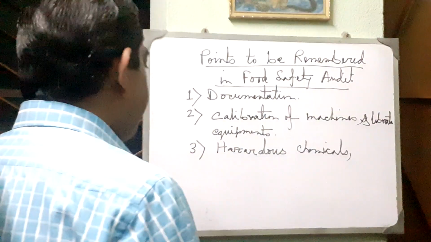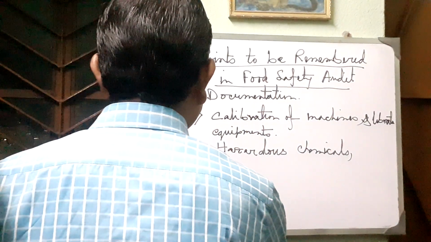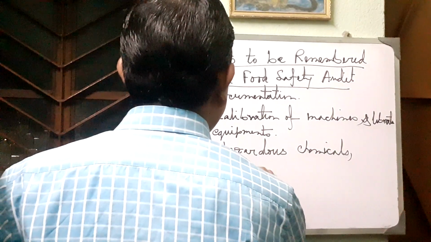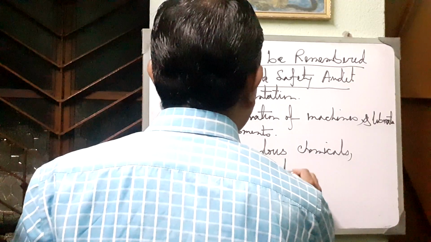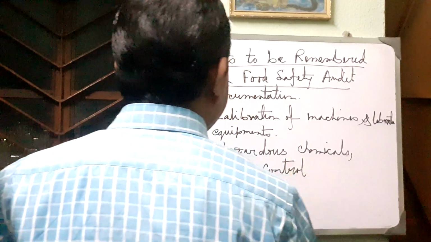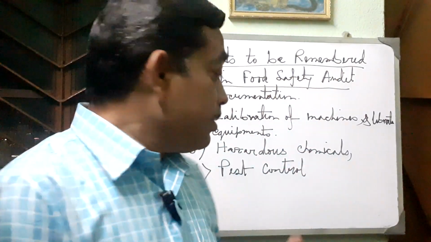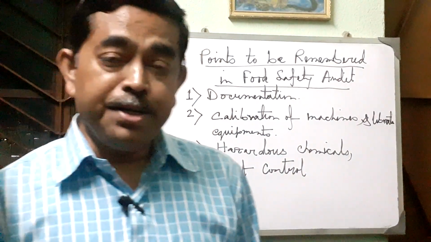And the fourth point is pest control. Pest control is also an important part. It comes under PRP, the prerequisite program also. I have told that. But for pest control, what do you have to do?